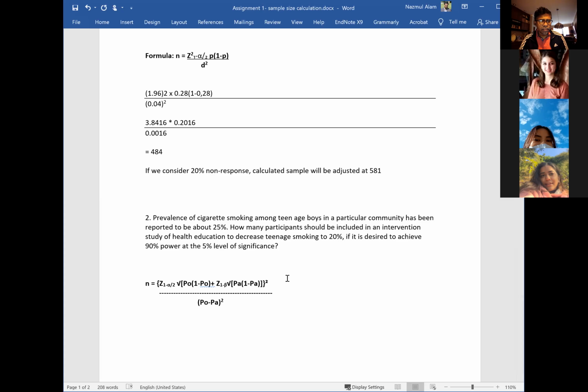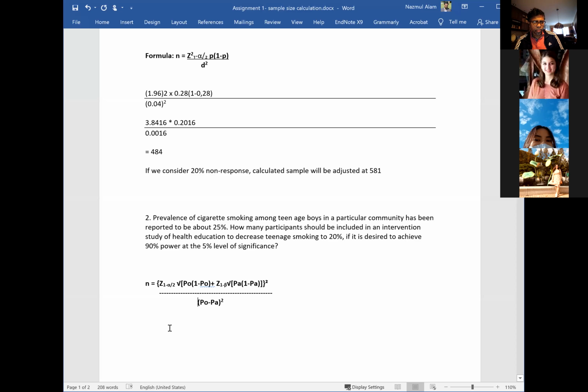Sorry, I got disconnected. How will I get Z 1 minus alpha and 1 minus beta? I didn't understand this part. That is a good question. Amal, can you help with how to get Z 1 minus alpha and Z 1 minus beta? We have the confidence level, so for Z of 95% we look in the Z table and see where 95% matches.